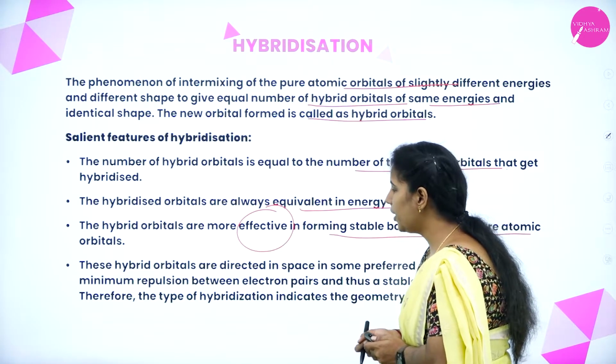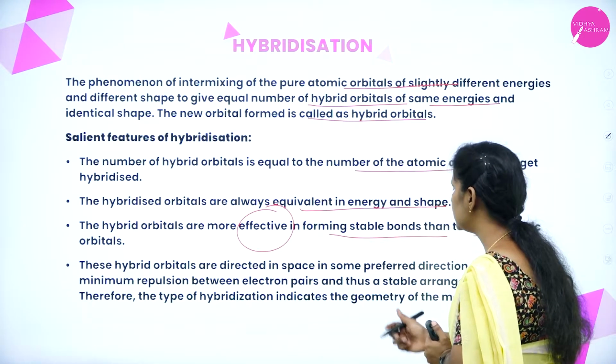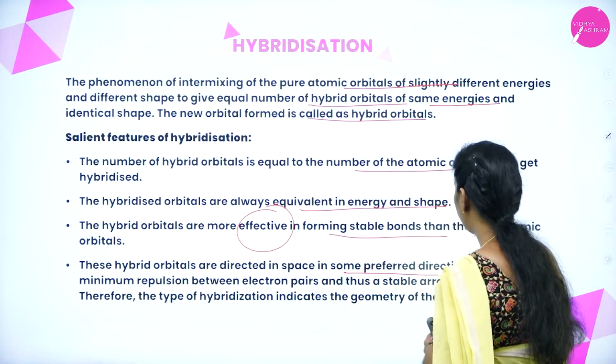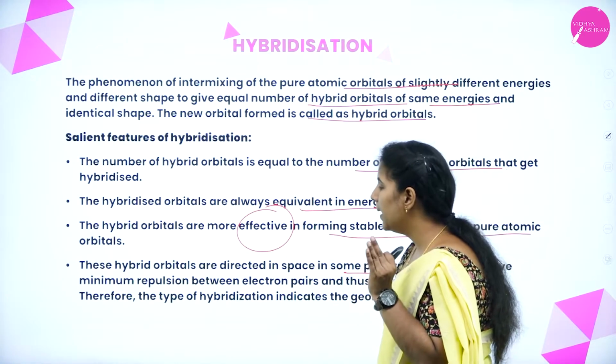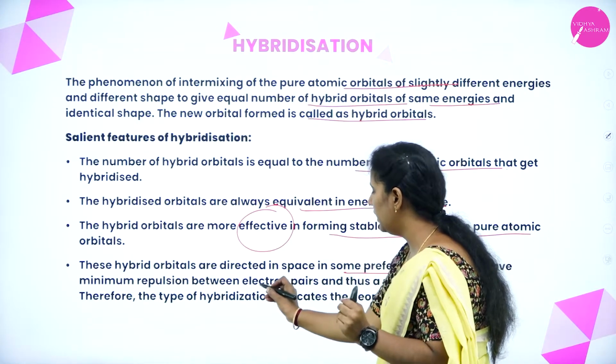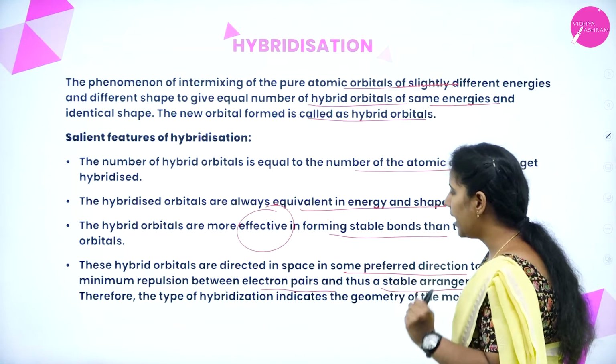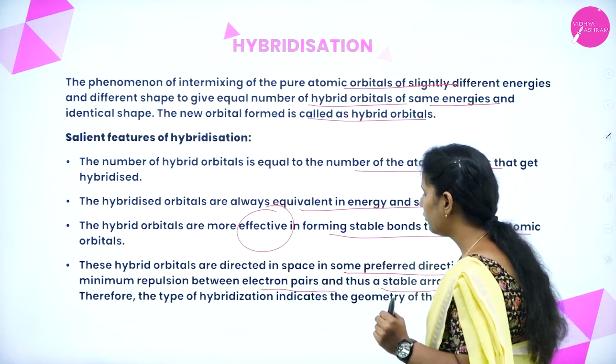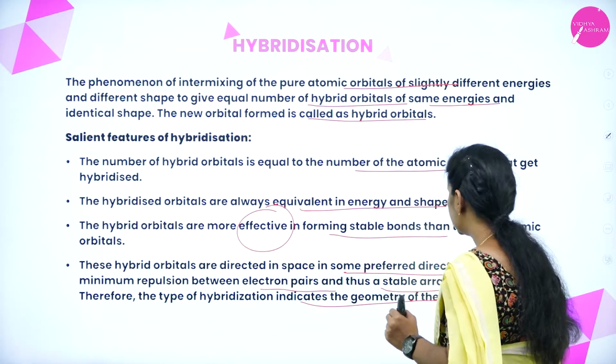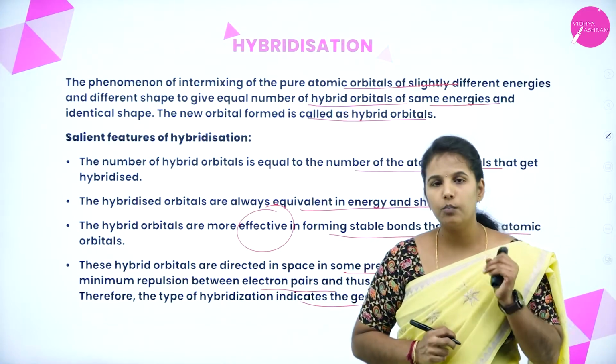These hybrid orbitals are directed in space in some preferred direction to have minimum repulsion between electron pairs, thus giving a stable arrangement, and this type of hybridization indicates the geometry of the molecule.